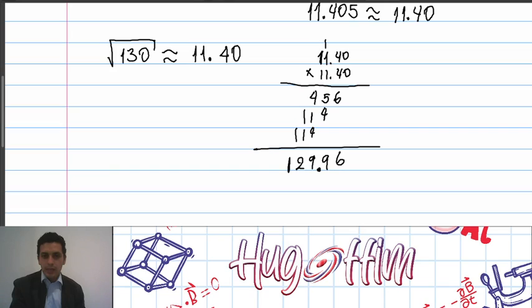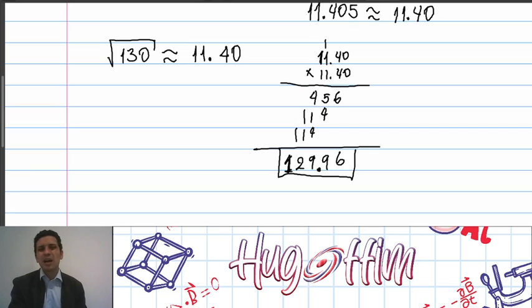So it will be 129.96, which is this number to the second power. So it's kind of close. It's pretty close to 130.